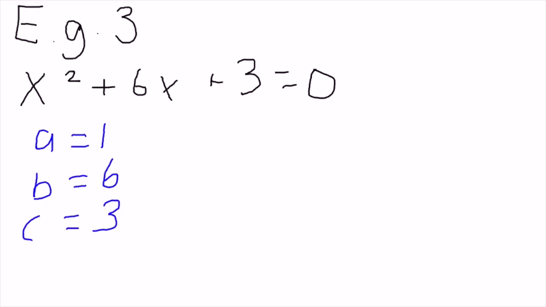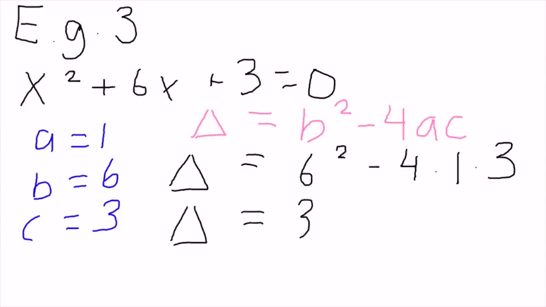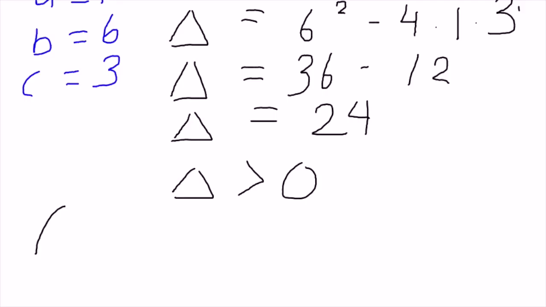If we substitute in the values for the discriminant formula, which is delta is equal to b squared minus 4ac, we will get delta is equal to 6 squared minus 4 times 1 times 3, which is 36 minus 12. Therefore, delta is equal to 24. Two solutions.